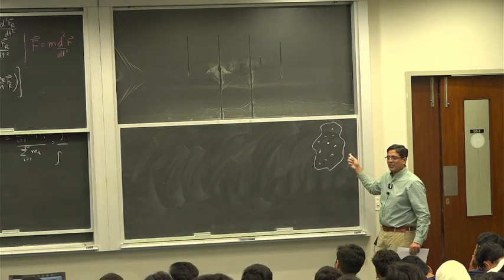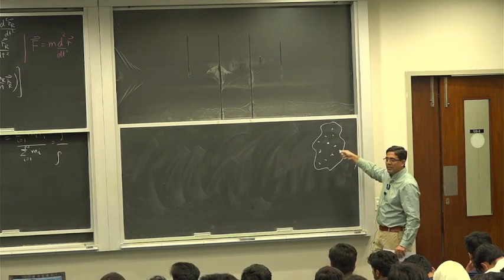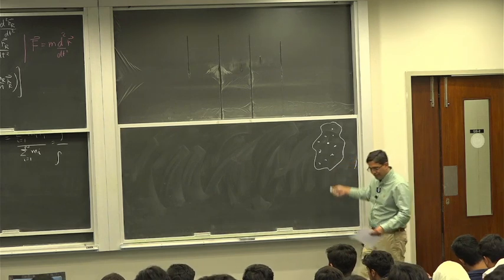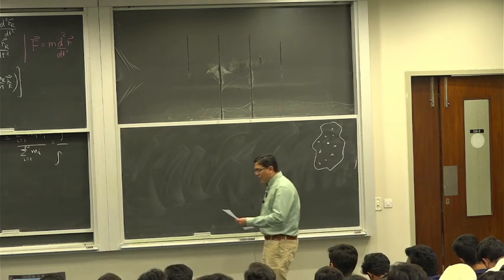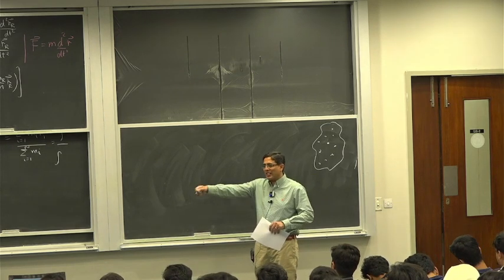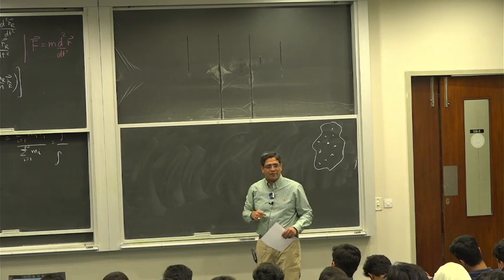Each particle has its own mass m1, m2, m3, and each particle has its own position vector. Now all these particles are interacting. Each particle is interacting with another particle in the system, and they are also experiencing external forces.